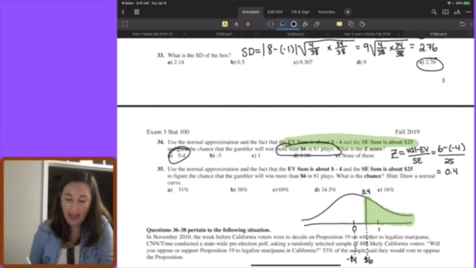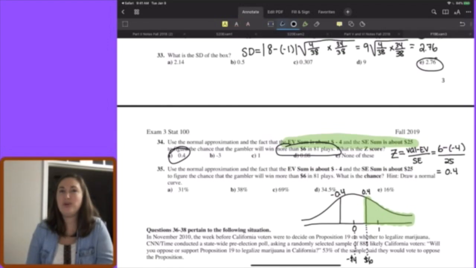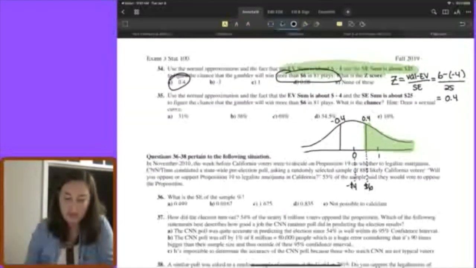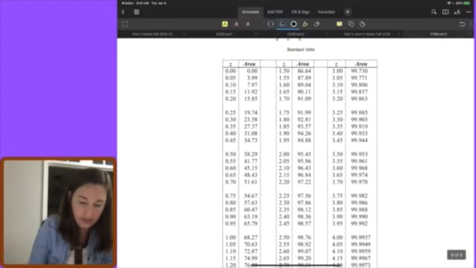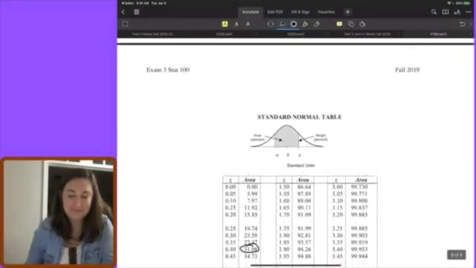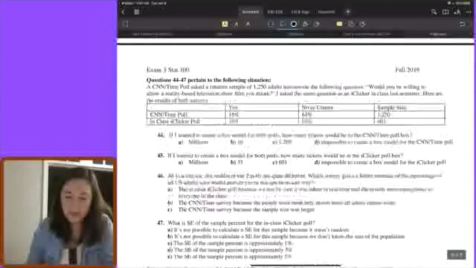To figure this out, first step, I would look up 0.4 on my normal table, and that would give me the area between 0.4 and negative 0.4, my middle area. I don't know that one off the top of my head. Let's see, 0.4 is 31. 31% in the middle.